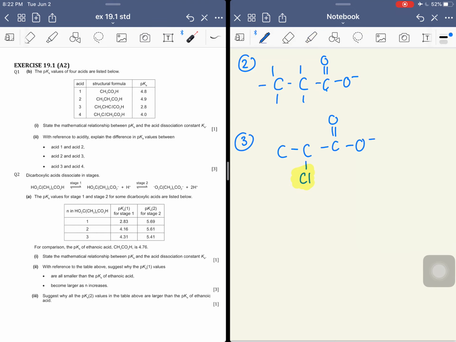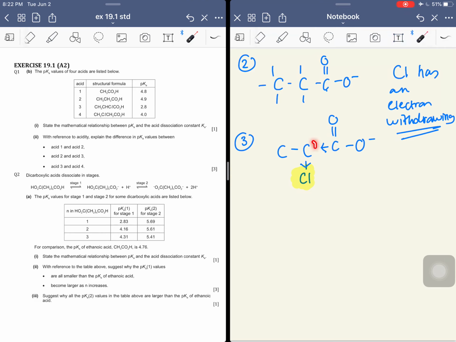Okay, one thing that you need to know about chlorine is chlorine has an electron withdrawing effect. Okay, so this is the opposite to your alkyl group, right? Electron withdrawing means it withdraws electrons from the COO minus. Okay, because chlorine is an electronegative element, it takes the electron density of this carbon, and as a chain reaction it takes the electron density of this carbon and this whole negative charge.